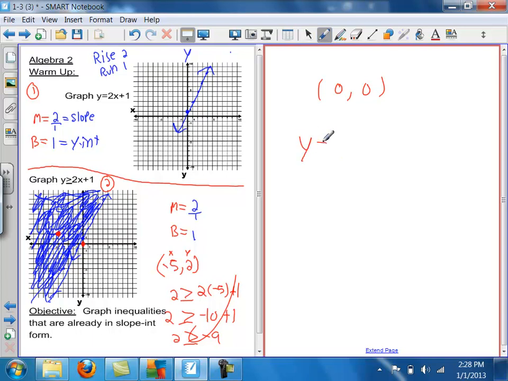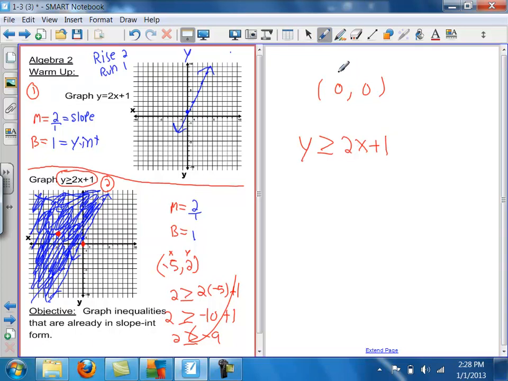So we have y is greater than or equal to, let's fix that symbol so we don't have any confusion. Y is greater than or equal to 2x plus 1. That's what we're checking. We're checking this equation just in case you didn't know. Okay, and here's our x, and here's our y, alphabetical order, x and then y.